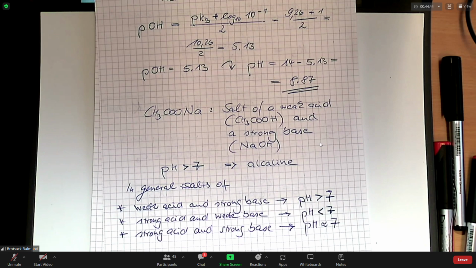HCl and sodium hydroxide are at the same level of strength, so it's 7.0. If one is stronger, of course, then it's a little below or above, 6.9 or whatever, or 7.1. You can calculate it exactly, knowing the pKb or pKa levels.